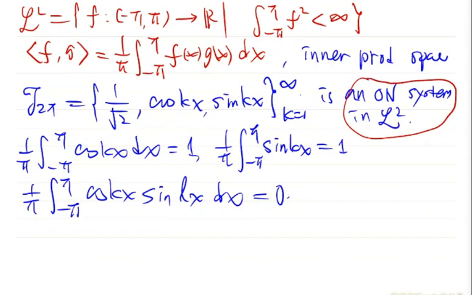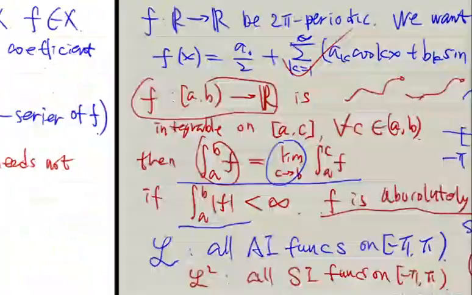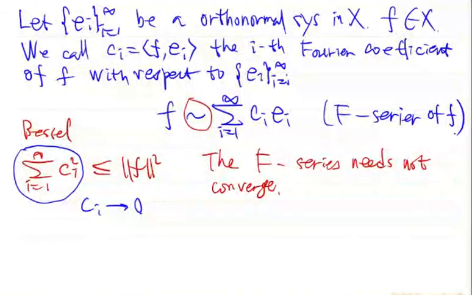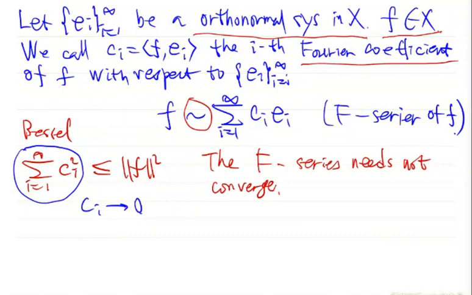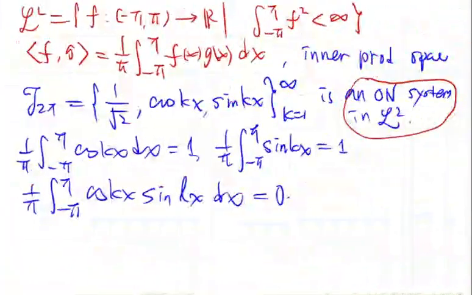Having obtained an orthonormal system, our previous abstract argument applies. Once you have an orthonormal system in an inner product space, for every f in the space, you have the Fourier coefficients, and you also have the Fourier series. So we apply this abstract result to our precise situation.